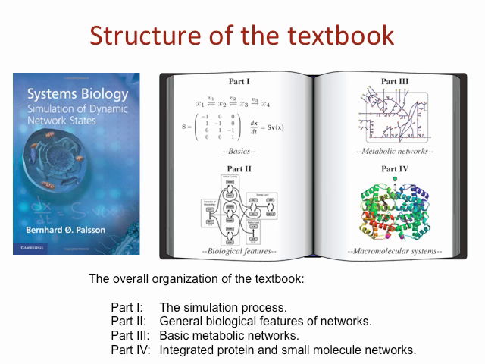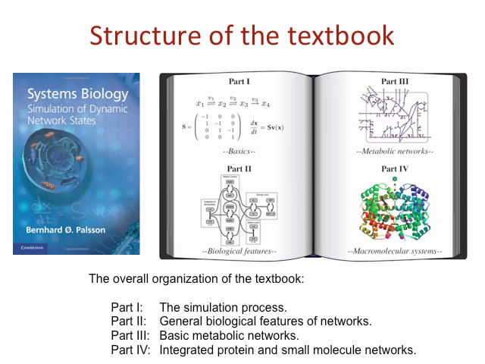The structure of the textbook that we will use is shown in this diagram. It proceeds from the simple and the conceptual to the detailed, the biological, and the relevant. So part one of the book covers the basic mathematics and shows how they are applied to simple conceptual models, often called toy models.